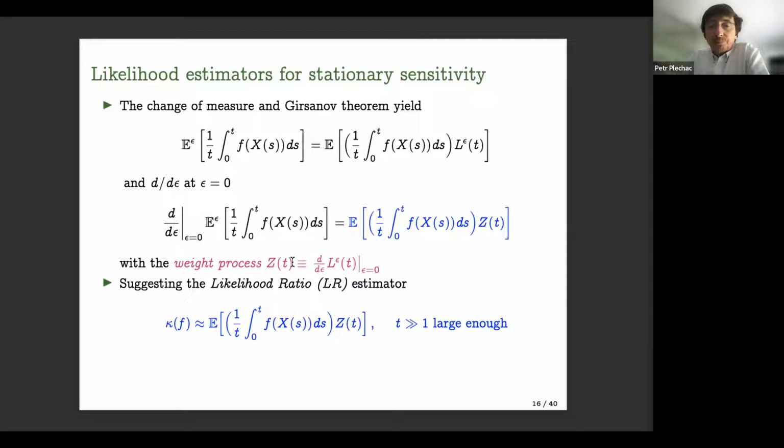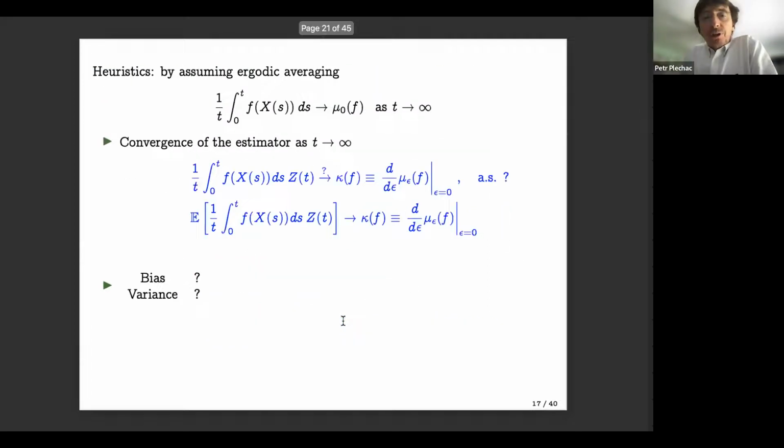Now this calculation suggests that we can indeed have an estimator based on time averaging, and maybe we still need this expected value, this ensemble averaging, to obtain the correct value. For that, we can prove two results.